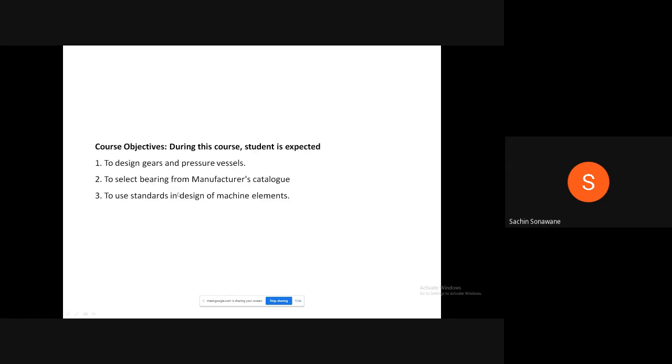Now we'll see course objectives. During this course, student is expected first to design gears and pressure vessels. Second, to select bearing from manufacturer's catalog. Third, to use standards in design of machine elements.